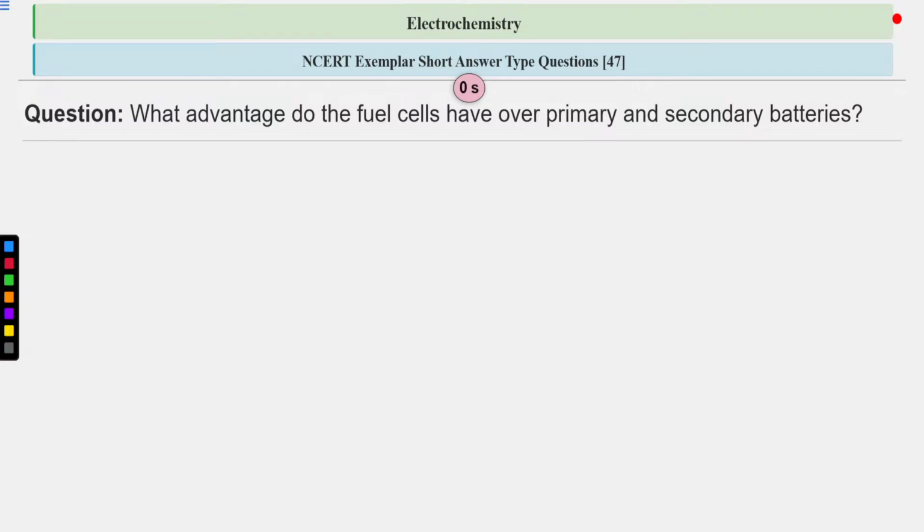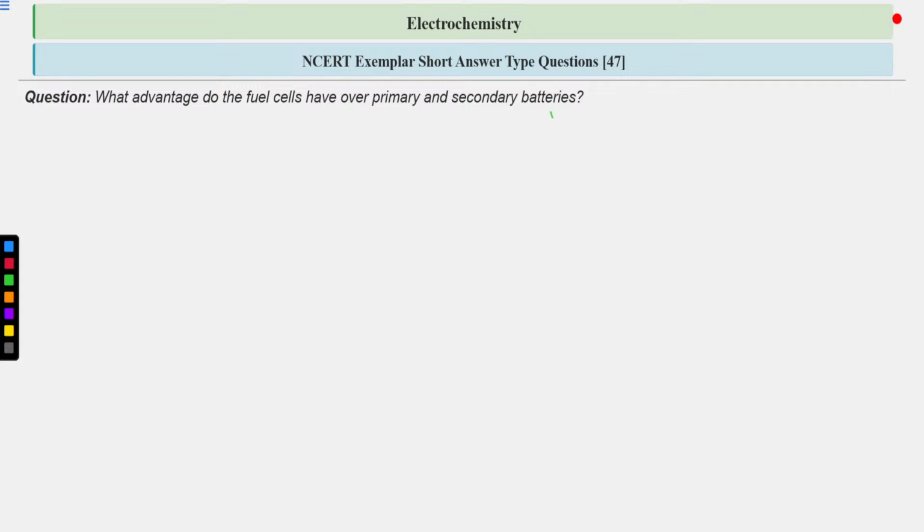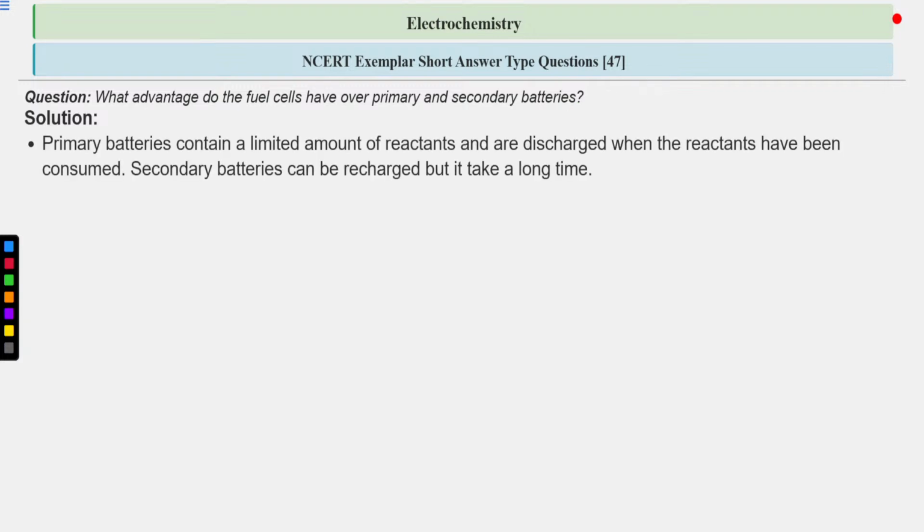Let's see. So for this question, first of all we have to understand the fuel cell, primary batteries and secondary batteries. Primary batteries contain a limited amount of reactant, and they are discharged when the reactants have been completely consumed.